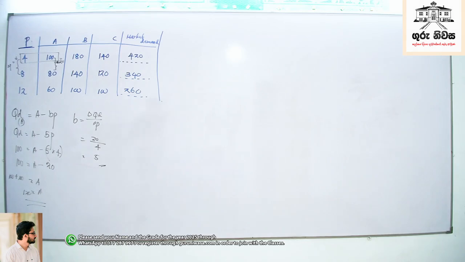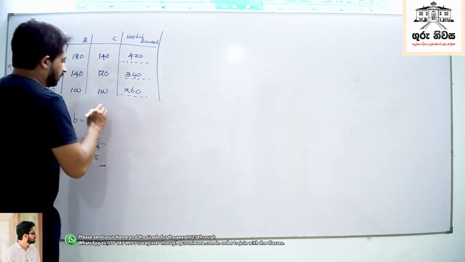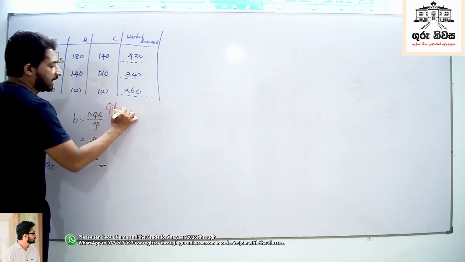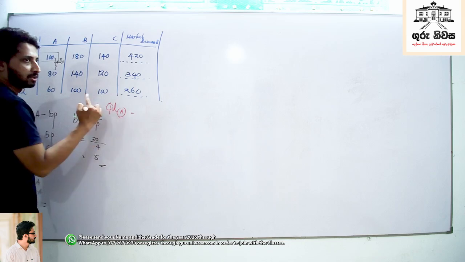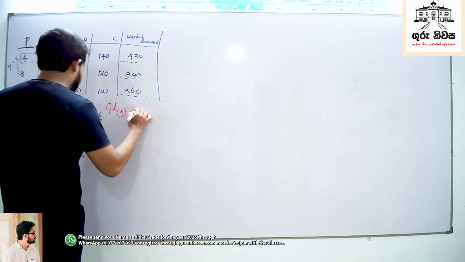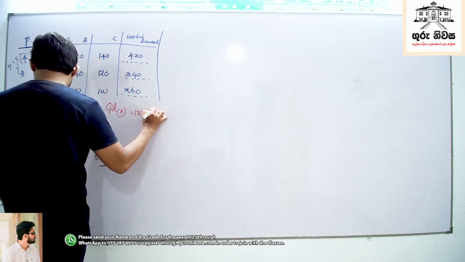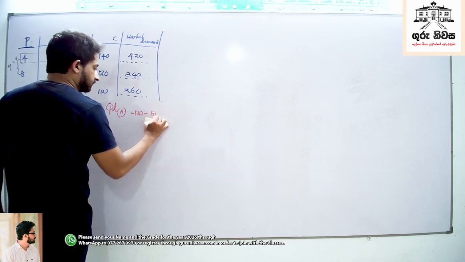Then A's demand equation, you can write down, QDA, which means A's demand function, equals 120 minus 5P.